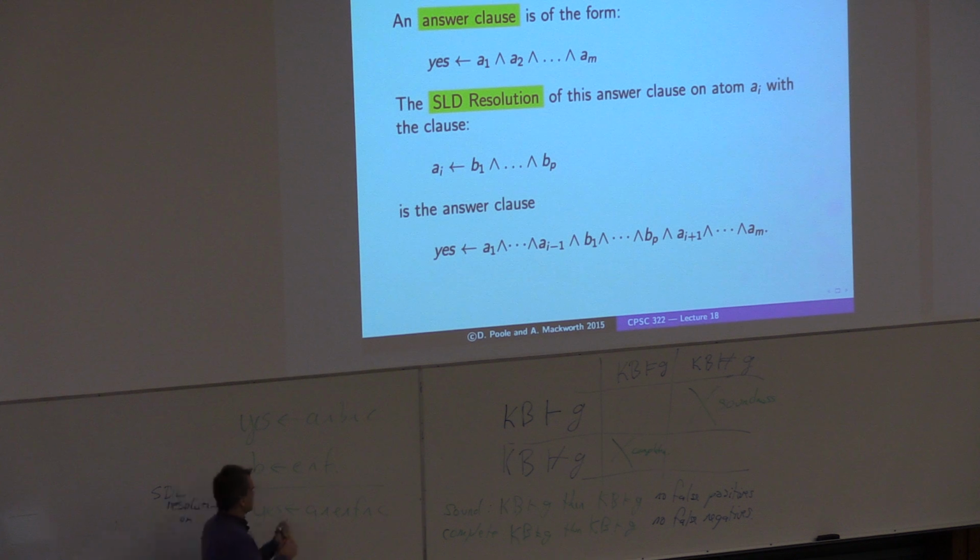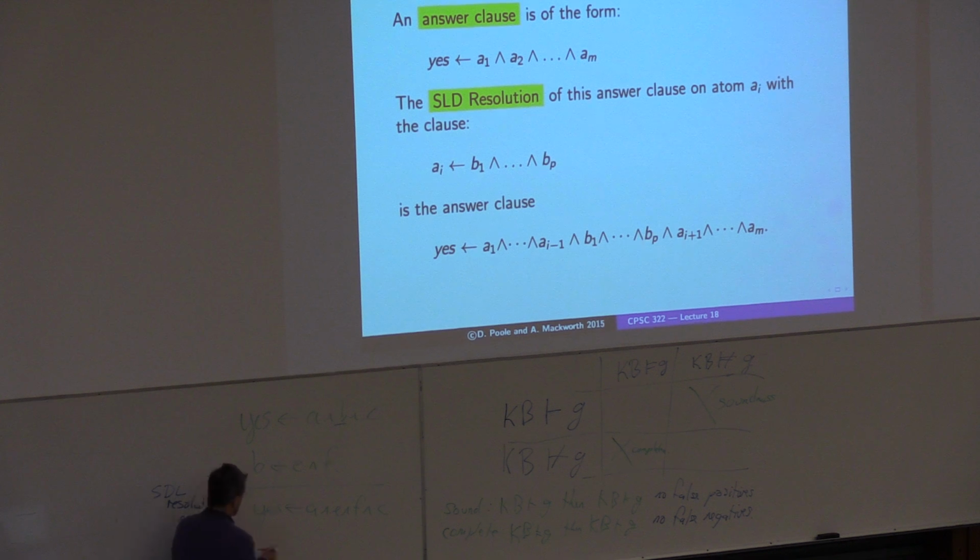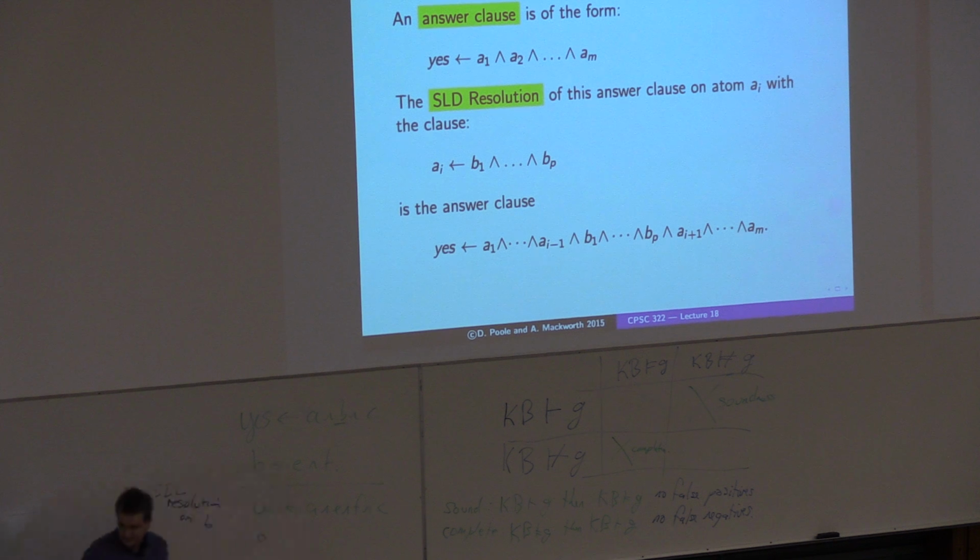And often, to show what we're doing here, we're going to underline the one we've selected. And then if we had the rule that said A if, I don't know what that is. Okay.